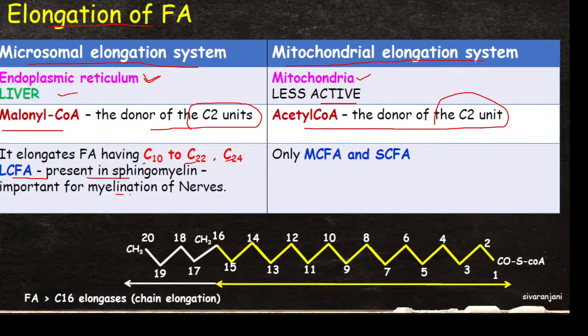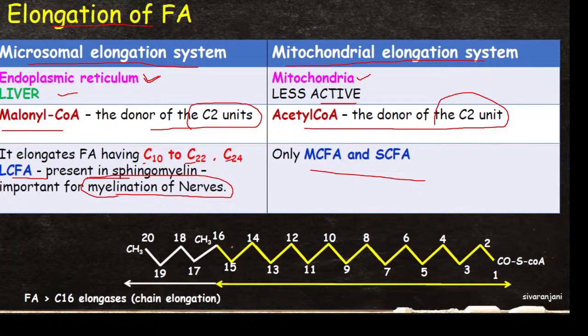That is important for myelination of nerve, which plays an important role in insulation of the nervous system. By the mitochondrial elongation system, only medium chain and small chain fatty acids can be synthesized.